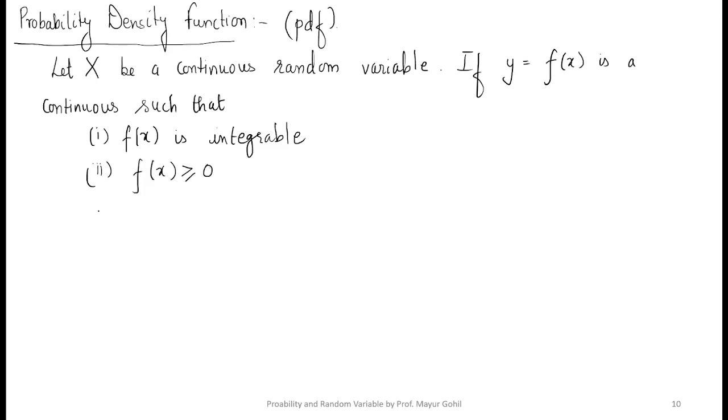Okay, and the integration from a to b of f of x dx is 1 if a is less than or equal to x less than or equal to b.